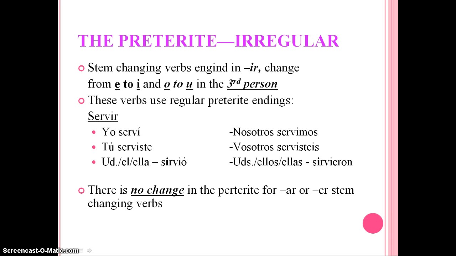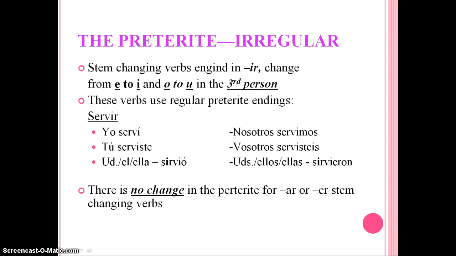There's an example right there of servir, and you will notice that it's also not every form that falls in the shoe, but only the third person changes. So yo and tú do not get affected by stem changes in the preterite. And so your chart reads serví, serviste, and then in the third person the E changes to I, sirvió.